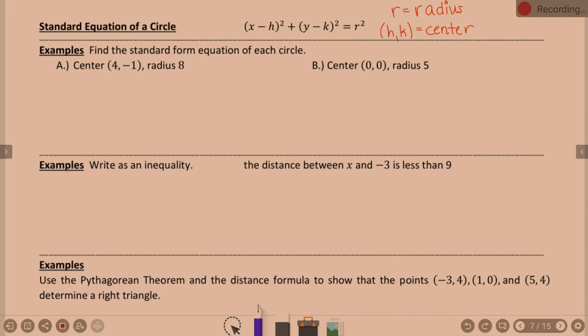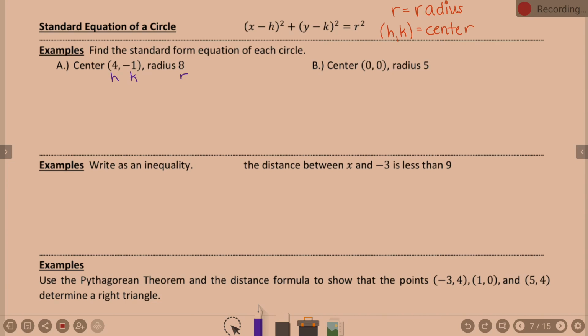So if we look at this one, the center of (4, -1) and a radius of 8. Well, that means 8 is going to go in place of r. 4 and -1 are going to go in place of h and k.